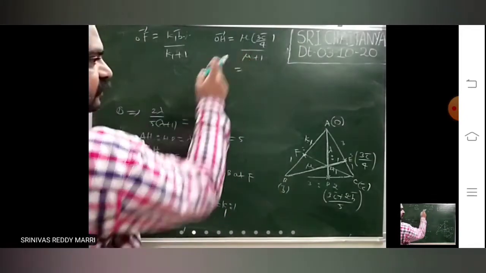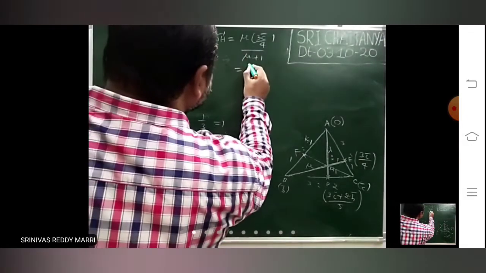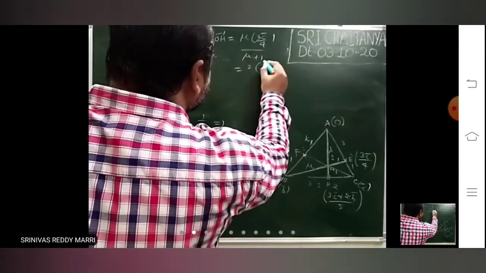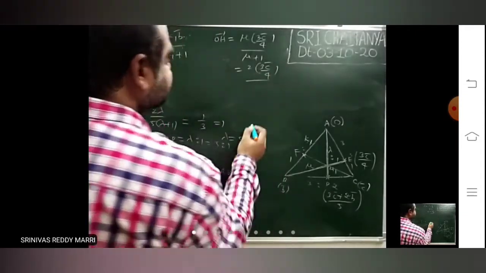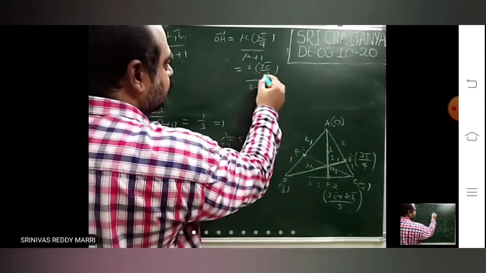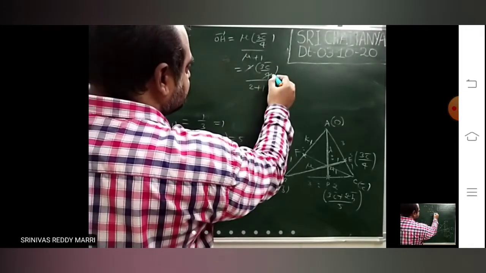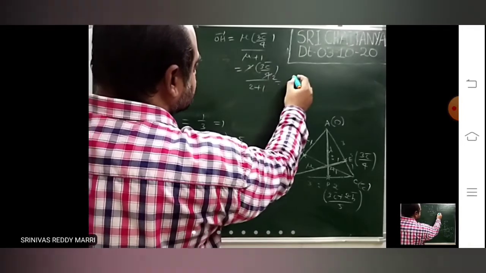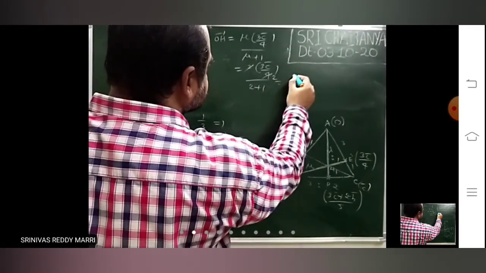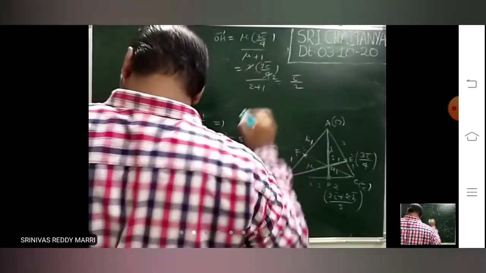Mu you got as 2. So 2 you substitute. You already know the position vector of H. So this is nothing but 2 ones, 2 twos, so that means C bar by 2.